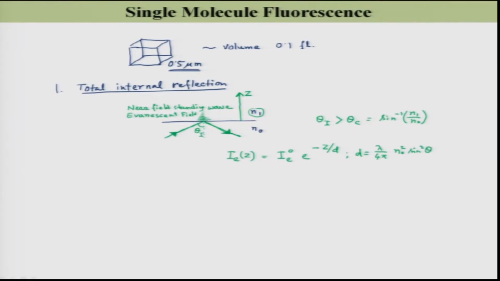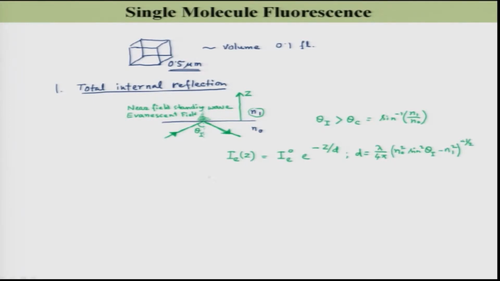So, this is my incident angle. So, theta I should write minus n1 square to the power minus half, right.